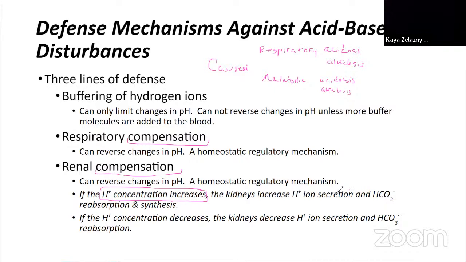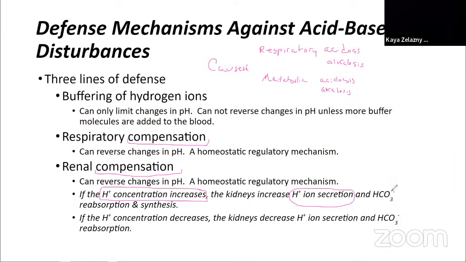We can secrete them, moving them into the filtrate, which ultimately becomes urine and is excreted. Now we've gotten rid of some hydrogen ions. They're not in our blood anymore, fixing our pH issues, bringing it back up, fixing that acidosis, compensating for it.